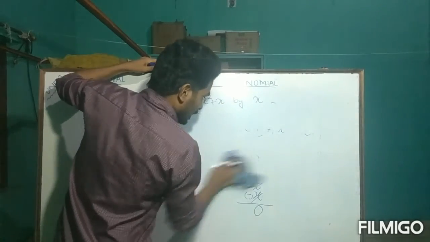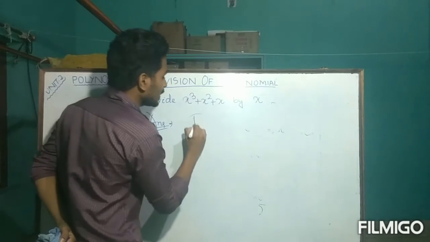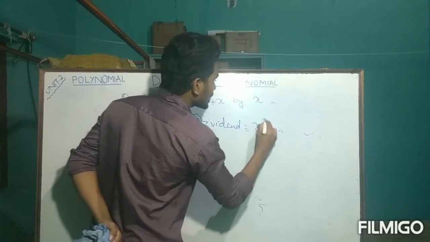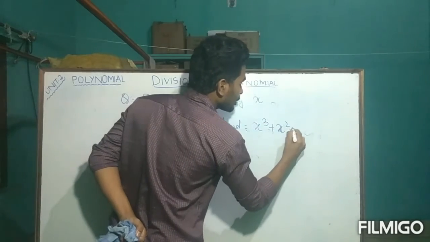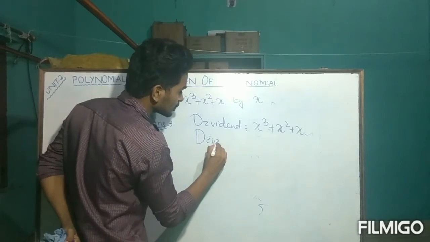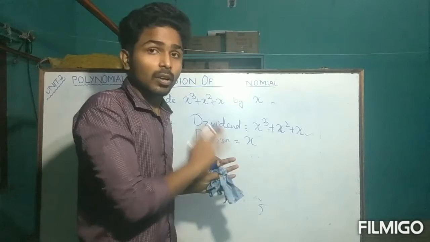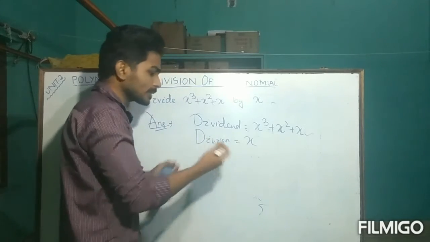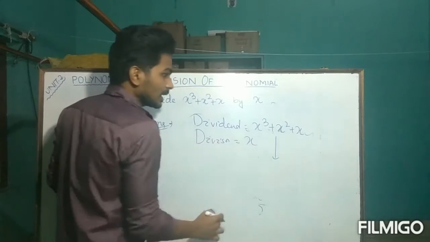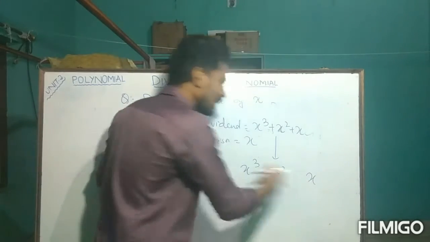Okay, let's do it with this example. Here the dividend is x cube plus x square plus x, and here the divisor is x. We do not use the long division method here. How can we determine whether the remainder becomes 0? See, in the dividend there are 3 terms: x cube, x square and x.